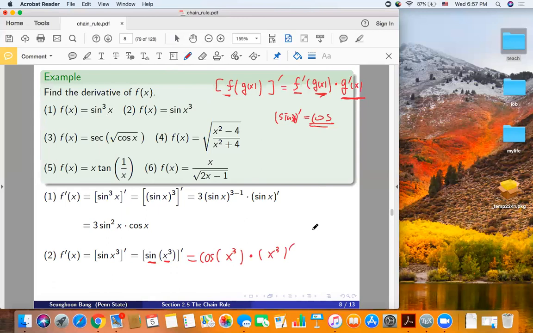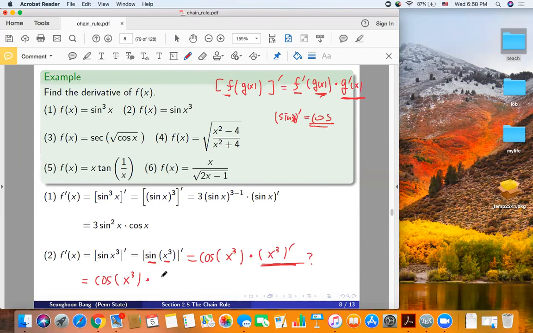So we have cosine of x cubed times what is x cubed prime? Do you know x cubed prime? Yes, 3x squared.